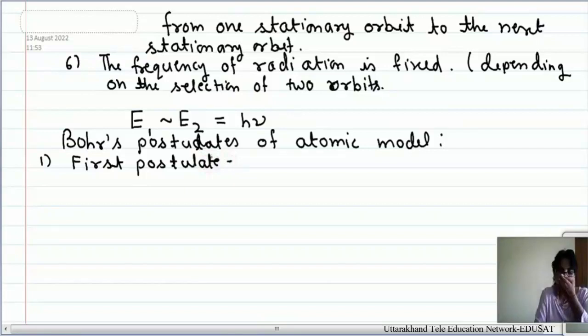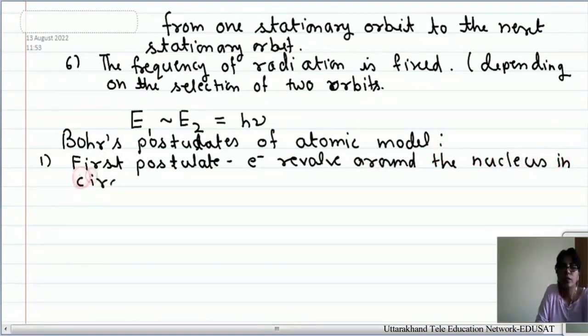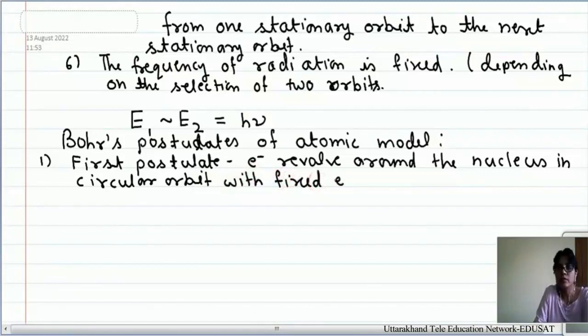According to the first postulate, electrons revolve around the nucleus in circular orbit with fixed energy.